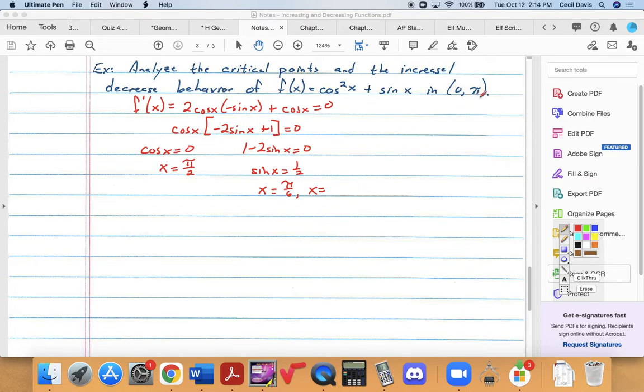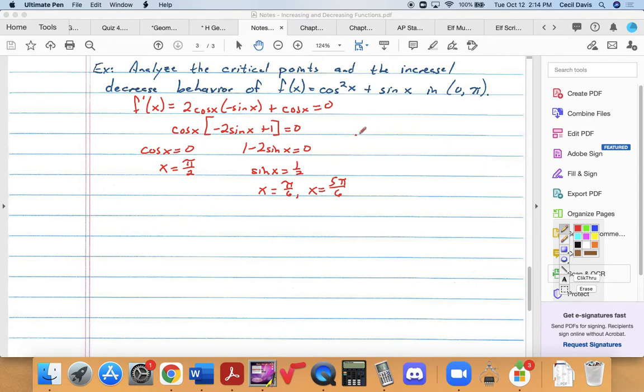Well, that wouldn't be between 0 and pi. Wow. And sine is negative in the fourth quadrant, so that's 2 strikes. There we go. So x equals 5 pi over 6. So we've got all kinds of critical points going on here.